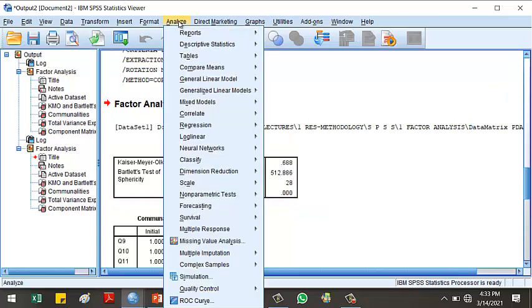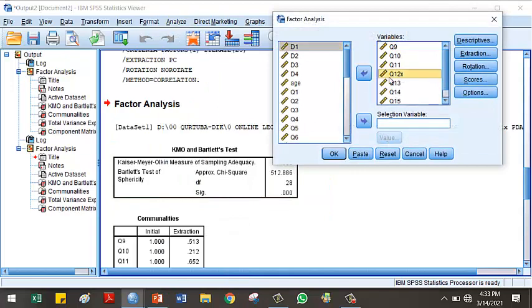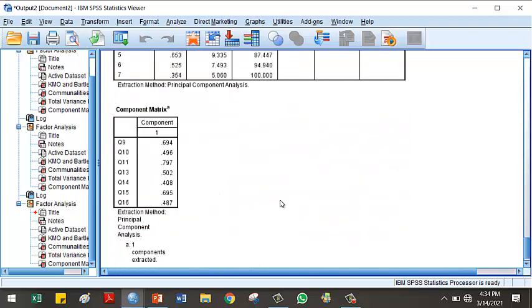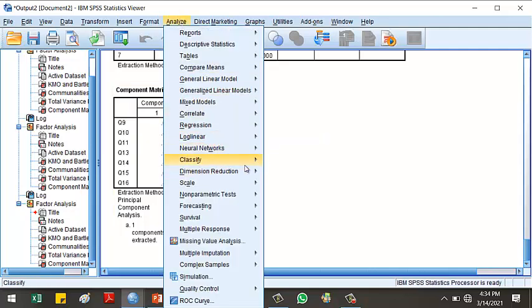So let's go back and exclude this question. Question 12 will be excluded, and again we shall run the test, and now you can see that it is 0.698. So we can assume it as equal to 0.7, and all the questions have the required factor loading greater than 0.4.